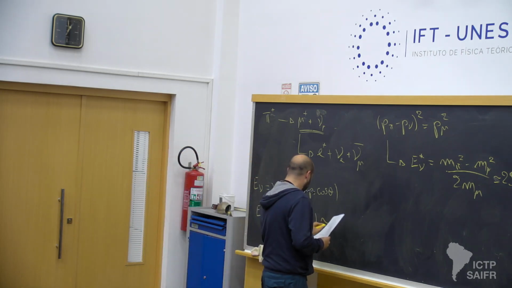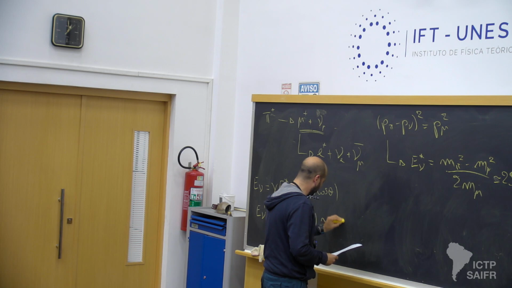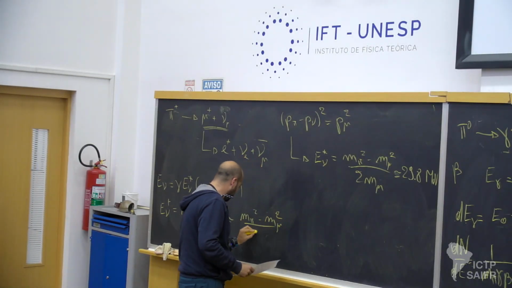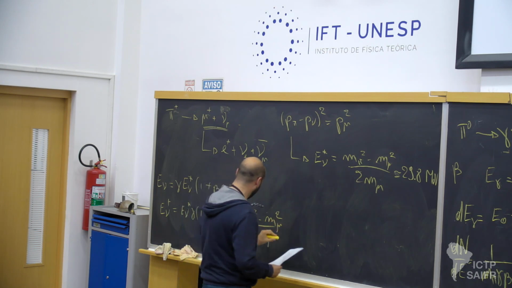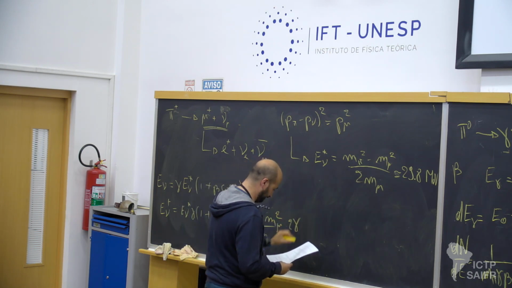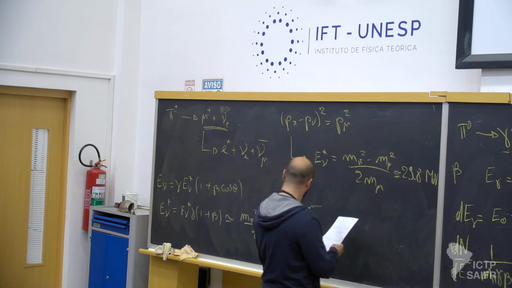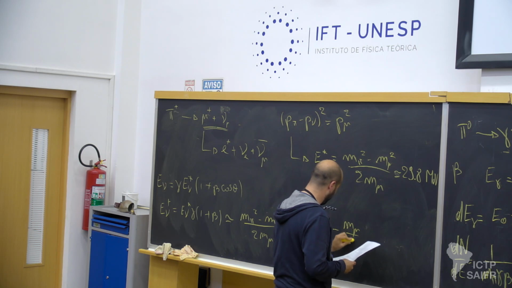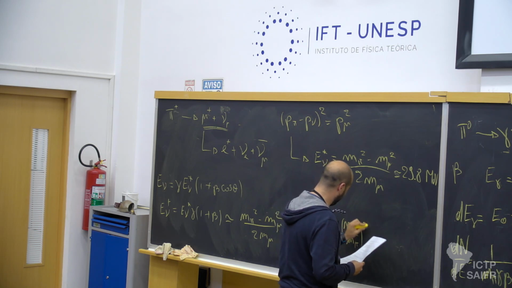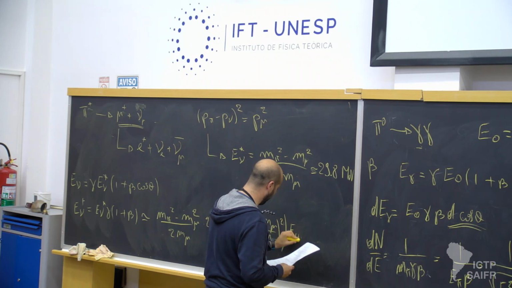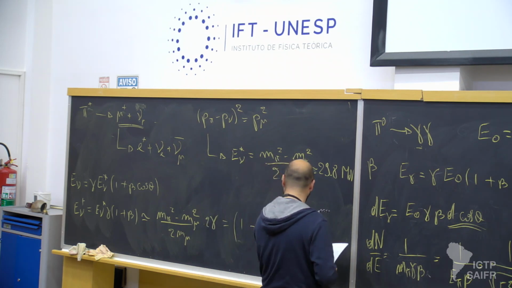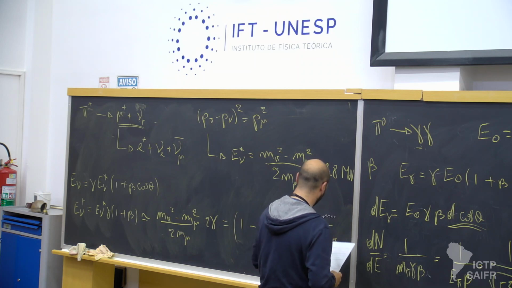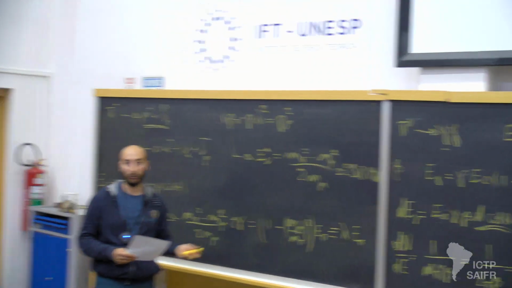In the relativistic regime, this is equivalent to m pion squared minus m muon squared over twice the muon mass times 2 gamma. And eventually it's 1 minus m muon squared over m pion squared times the energy of the pion. This is sometimes also denoted simply as constant lambda times energy of the pion, and this constant is roughly 0.4 or so.